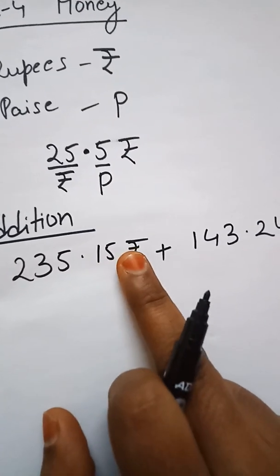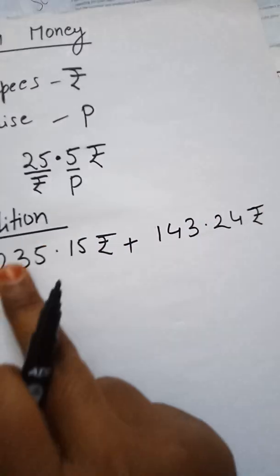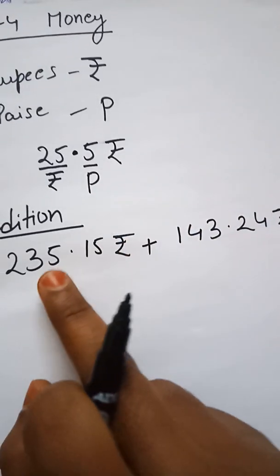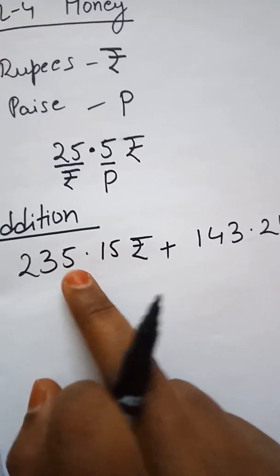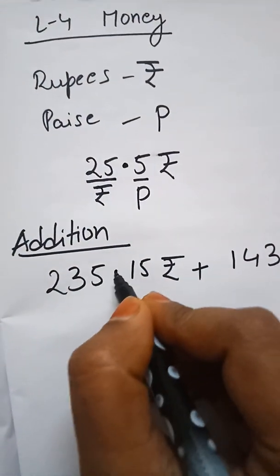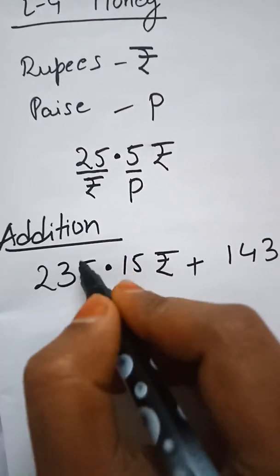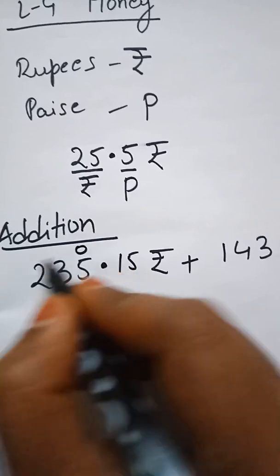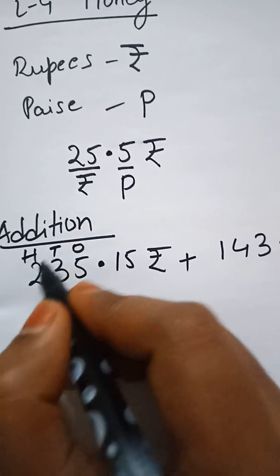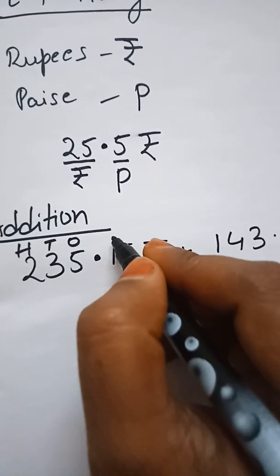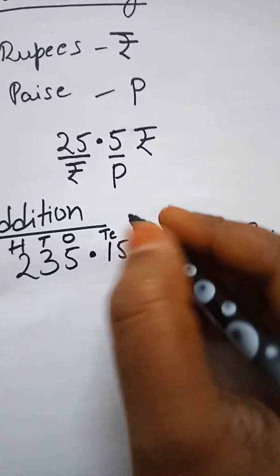First of all, we have to arrange these numbers by place values for addition. Before the point we start with the place values ones, tens, hundreds. After the point we start with tenths, hundredths. No ones will be there.